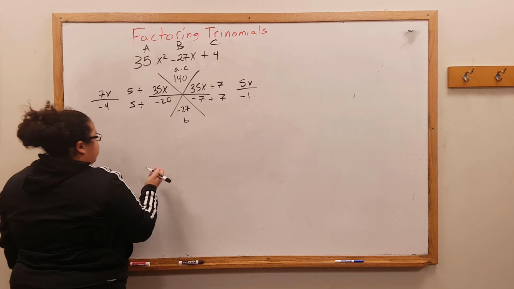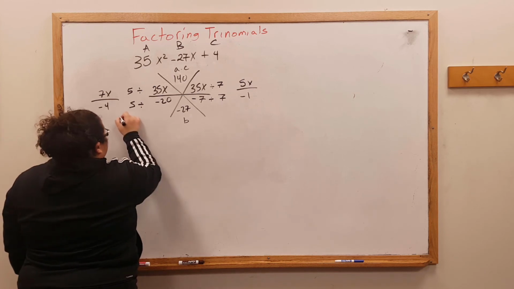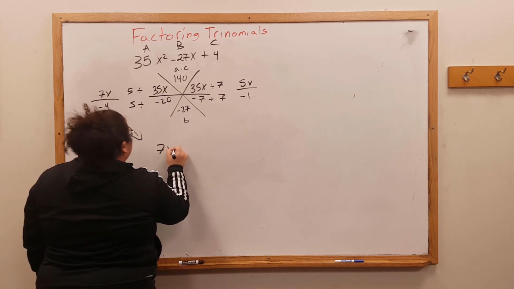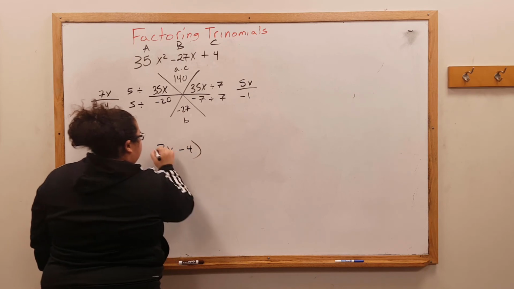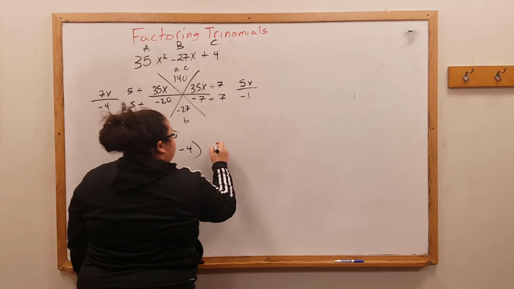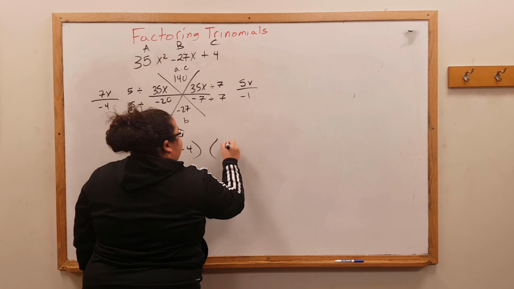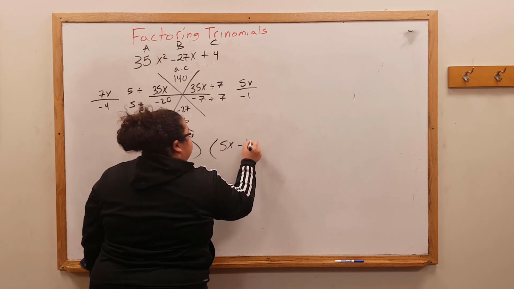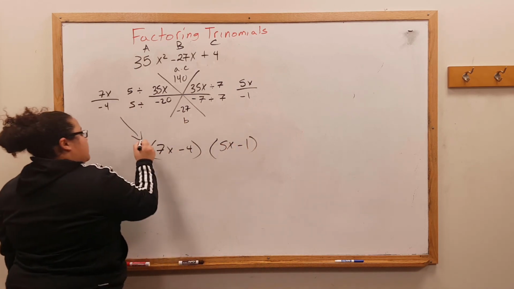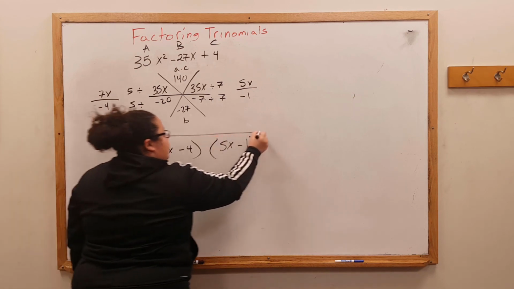Now let's rewrite this, which is going to be 7x minus 4 in parentheses, don't forget that, and 5x minus 1 in parentheses. Don't forget to box your answer.